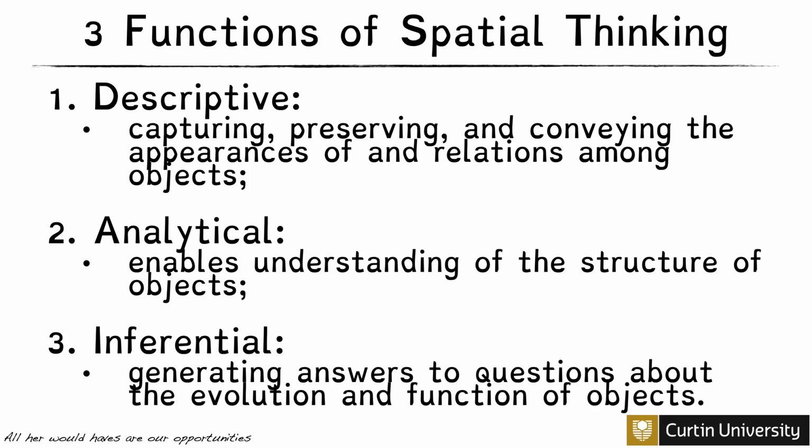We're able to understand structures of objects and their relationship to other structures and objects. And then comes what I find the most exciting one, when we start to be able to infer things. We can generate answers to questions about the evolution and function of objects, just as John Snow was able to infer which taps in London were being supplied by which water companies.